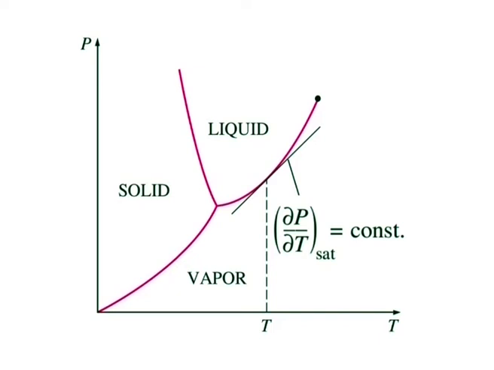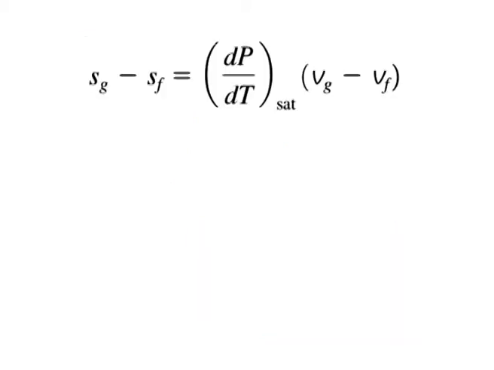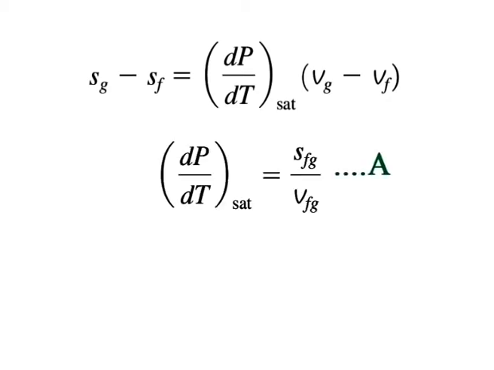For an isothermal liquid vapor phase change process, for example, the integration yields Sg minus Sf is equal to dP/dT at saturation times (Vg minus Vf), or dP/dT at saturation is equal to Sfg divided by Vfg. During this process, the pressure also remains constant.